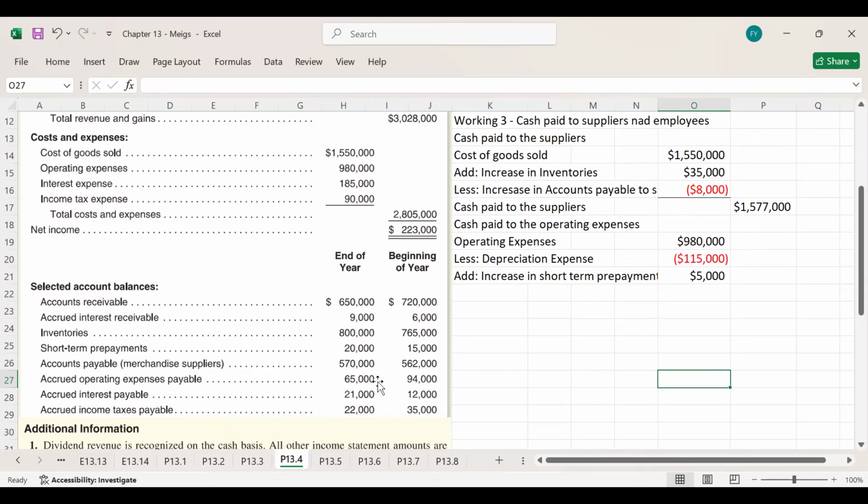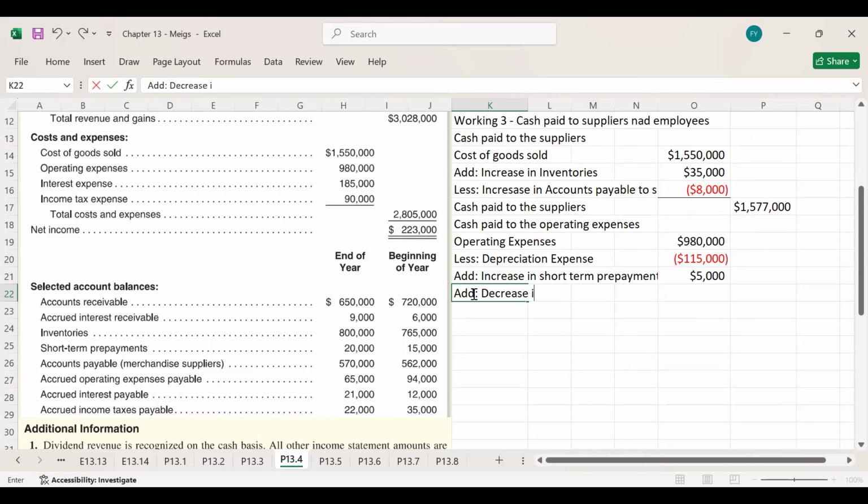How much has the company paid from 95 to 65? This means the company has paid 29,000. So in order to calculate the actual cash paid, we are going to add this decrease of accrued operating expenses payable.